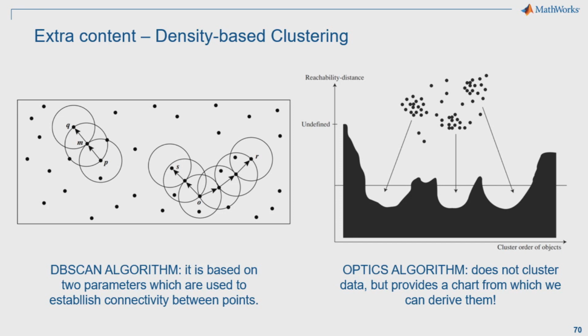So in general, clusters belonging to the same data set do not have the same kind of distribution. There are some clusters that may be more dense, others that may be less dense, and of course with just a partitioning method this is not always easy to recognize, especially if we have overlapping patterns.